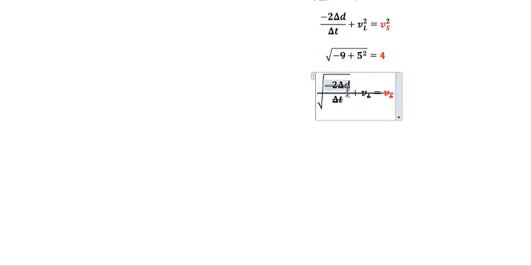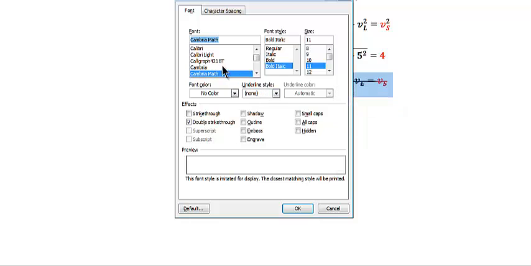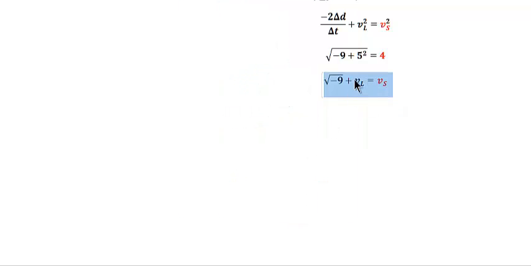So let's do the same thing with this other rendition. I'm going to take this, and I'm going to say that's equal to -9. Get rid of my double lines here because that's a little confusing. And v sub l is now 5. Well, you have an issue with this negative here.